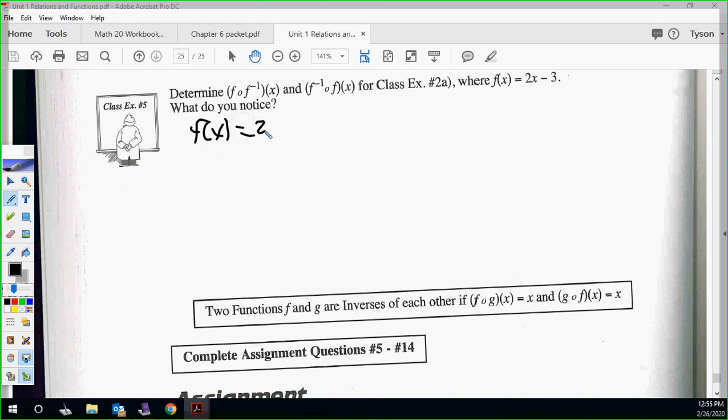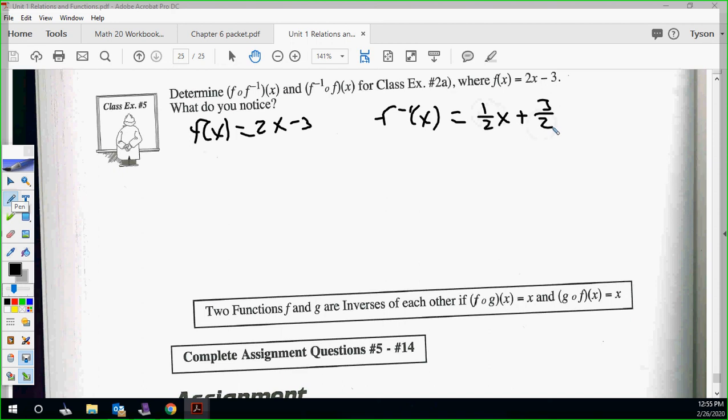So we have 2x minus 3, and then our f of negative 1 of x was, add the 3, divide by 2, so it was 1/2 x plus 3 over 2. Is that right? Yeah.